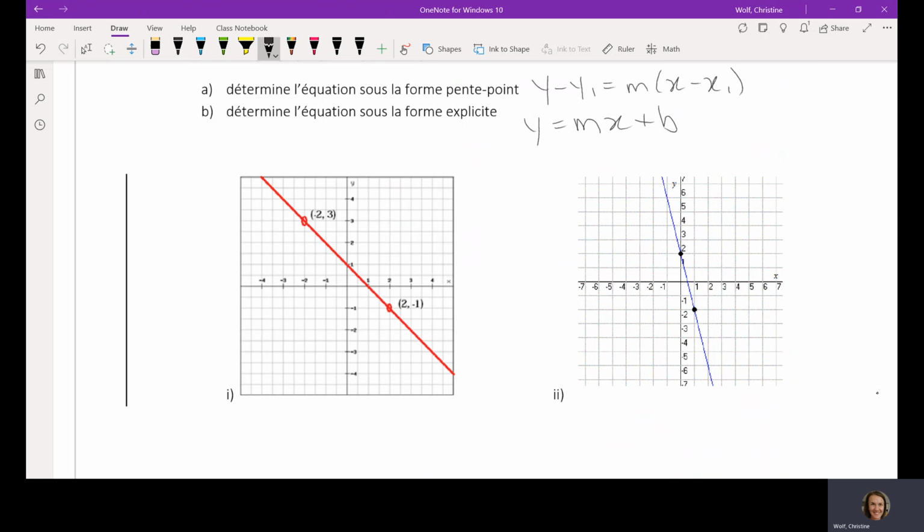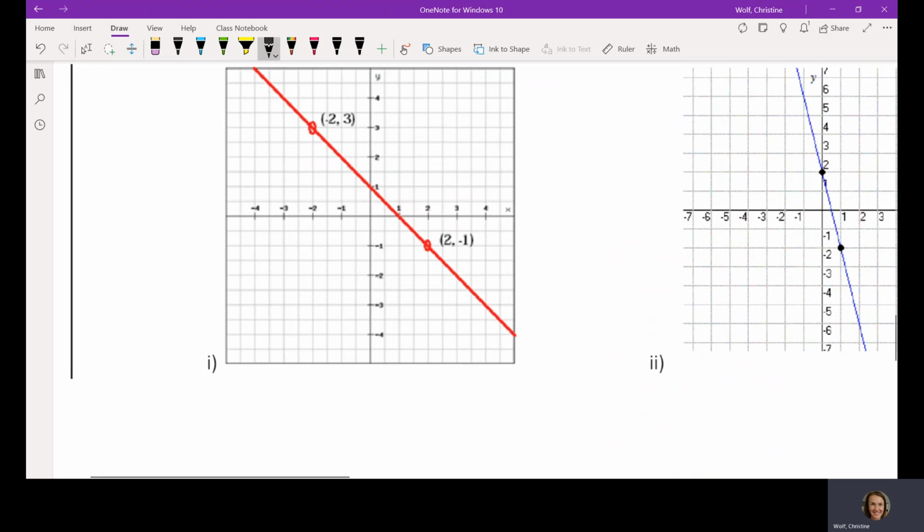All right. So, avec celui-ci, je commence avec A. Ça, c'est la forme pente-point. So, pour la forme pente-point, j'ai besoin de la pente et j'ai besoin d'un point. So, j'allais trouver la pente pour commencer. Je saute 1, 2, 3, 4, 5, 6, 7, 8 en bas. Ça, c'est négative 8. 1, 2, 3, 4, 5, 6, 7, 8 vers la droite. Ça, c'est quoi la pente?